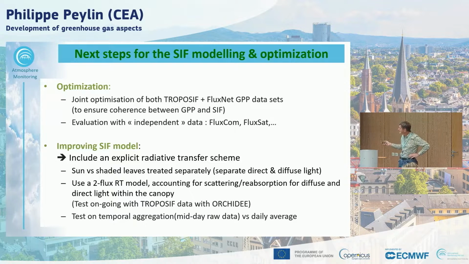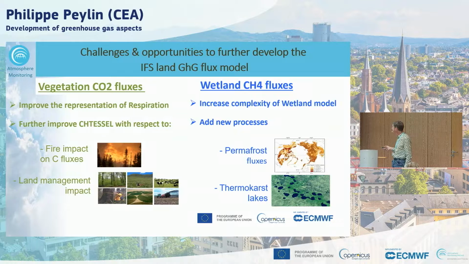And then in the next phase, we will improve the SIF model, include an explicit radiative transfer model with sun and shaded leaves, and use a 2D radiative transfer model for the escape of the light within the canopy. And we will test different aggregation, midday raw data versus daily average, in order to potentially improve the GPP simulated by CTSL.